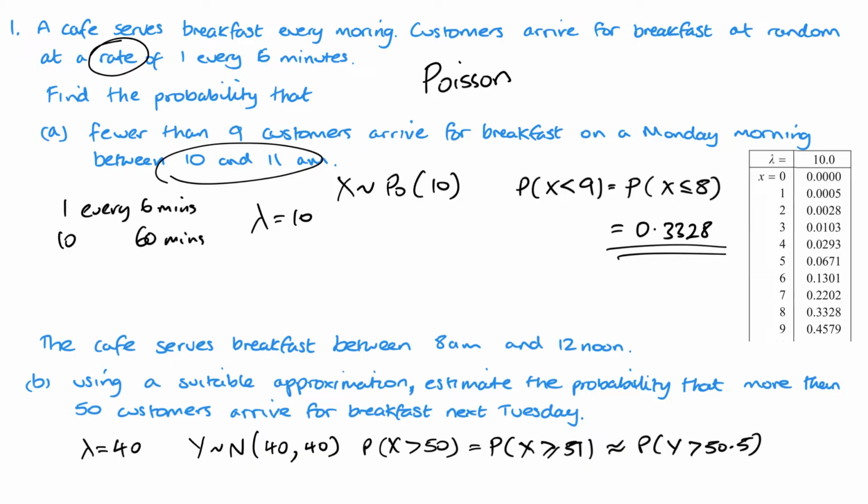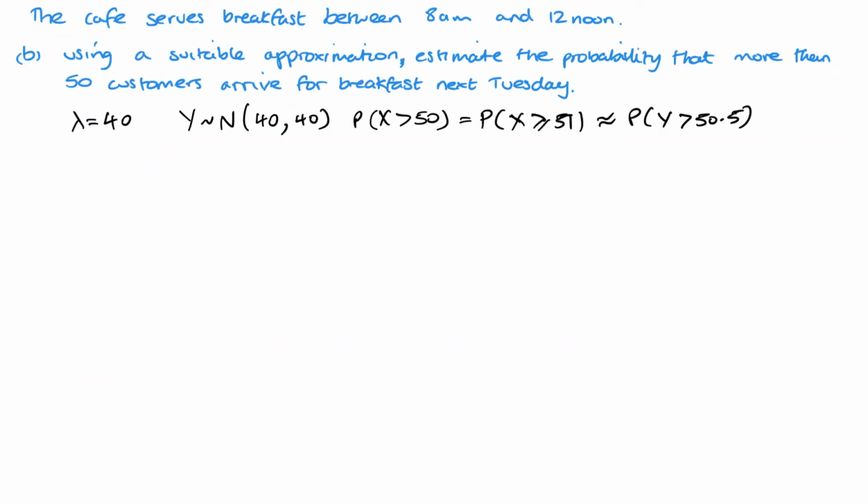Let's just make a little bit more room. Now that we know what we're doing, I also usually like to do a sketch, especially if I'm in an exam, it just helps me think the question through clearly. So we know mean is 40, we've got 50.5, and we're looking at greater than. So now we can see that it's actually a 1 minus, isn't it?